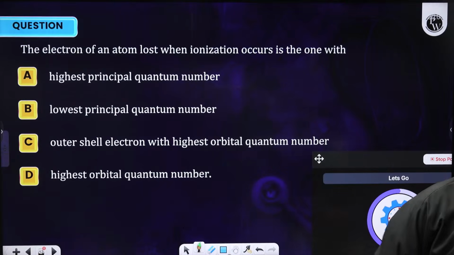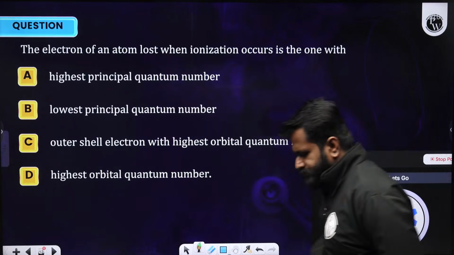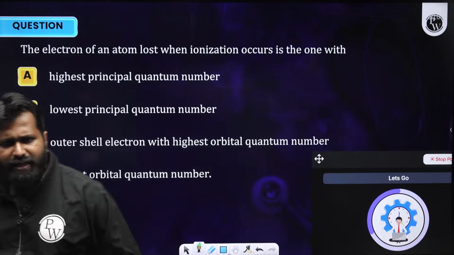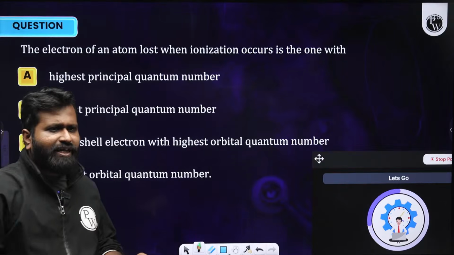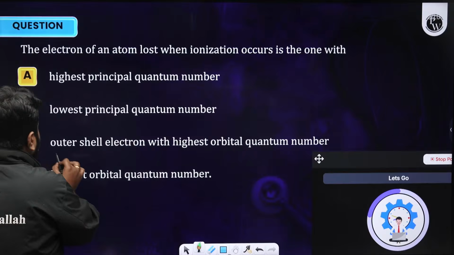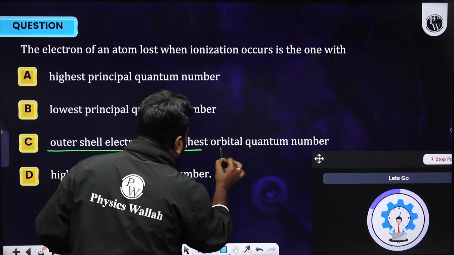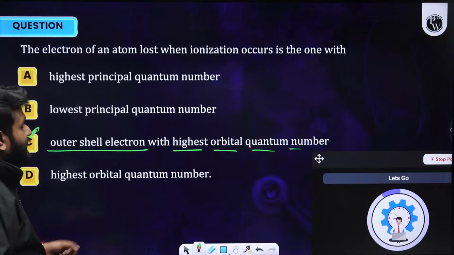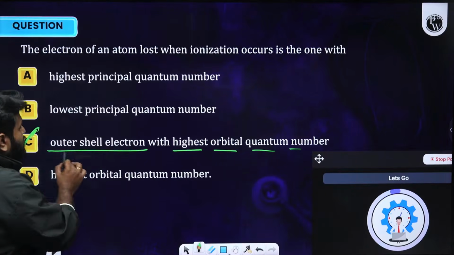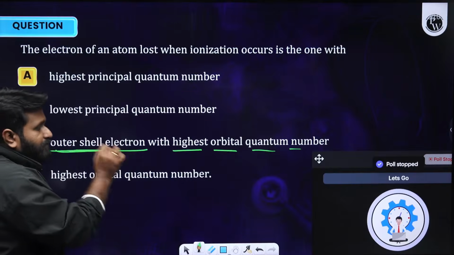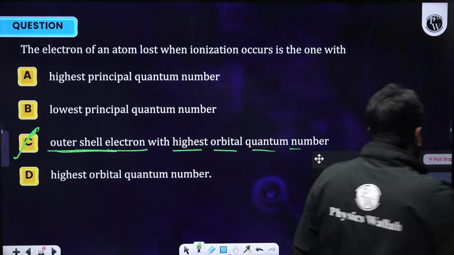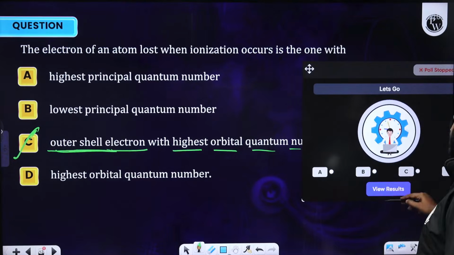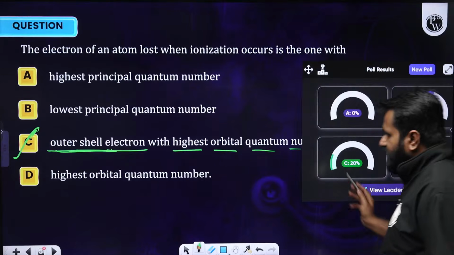What will be the more suitable correct answer? We know very well, if I want to remove an electron, automatically the outermost electron will be removed. Outermost electron with highest orbital quantum number. Option C is the correct answer. The keyword is outer shell electron. This is a very important word. So option C is the right answer. Very good. Fantastic.